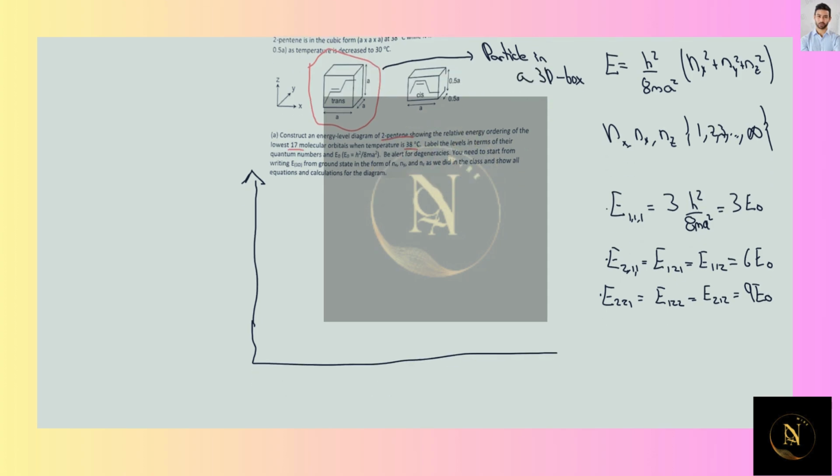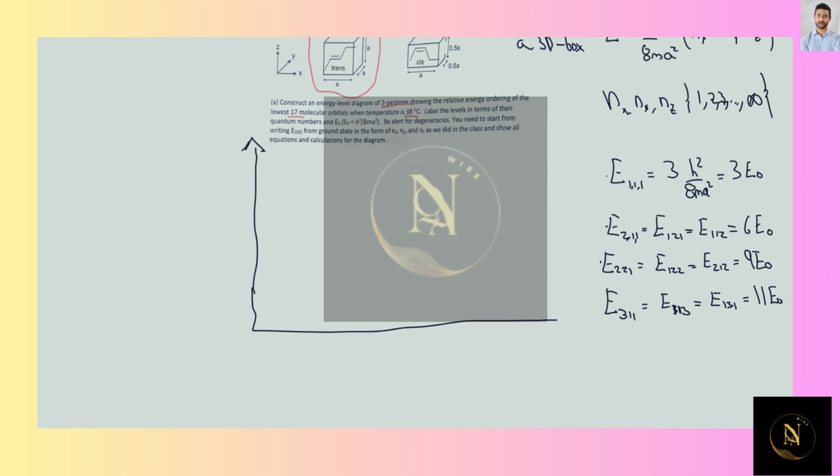Next up, we have the energy corresponding to the state 311, which is the same as the energy of 113 and the same as the energy of 131. All of them give us 11 times E0.